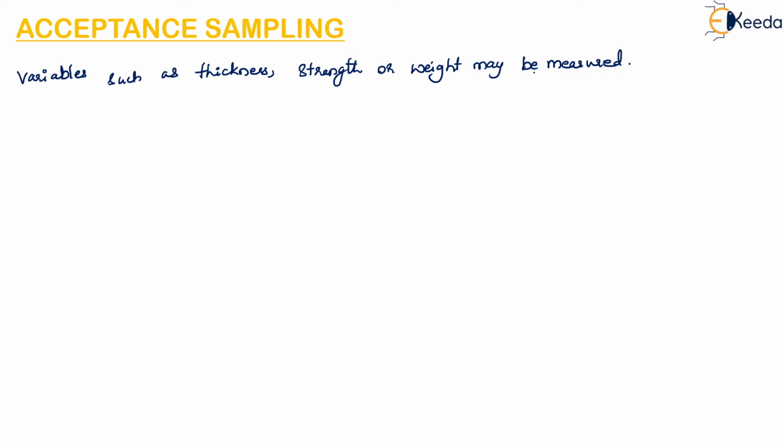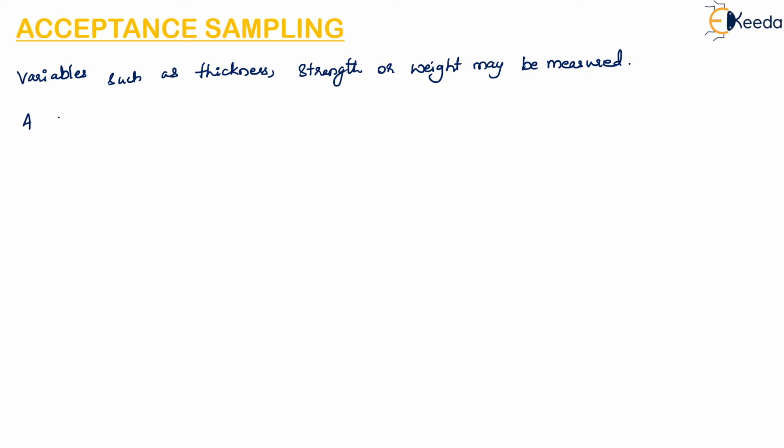In this, a typical plan is to take a sample size of n and reject the batch if the mean measurement, that is the x bar value, is less than k. So k is the acceptance number here.